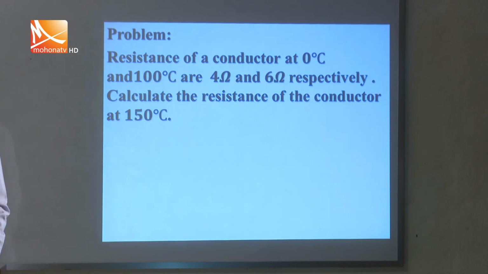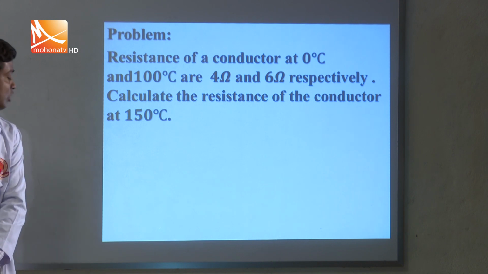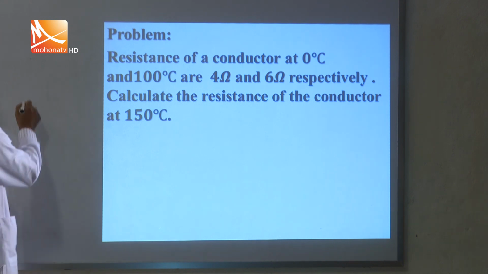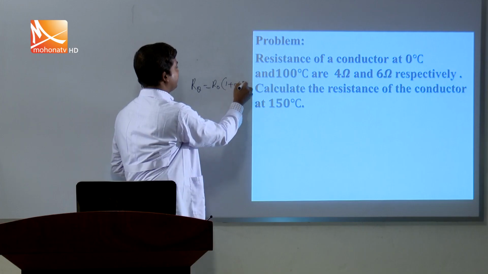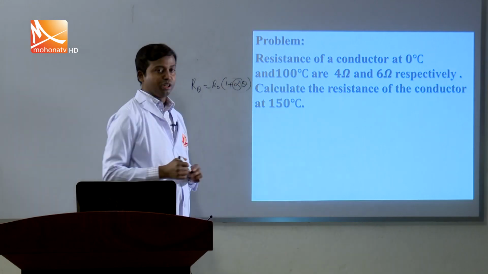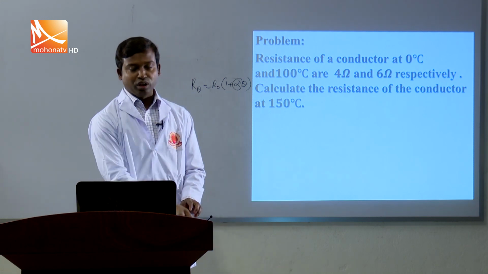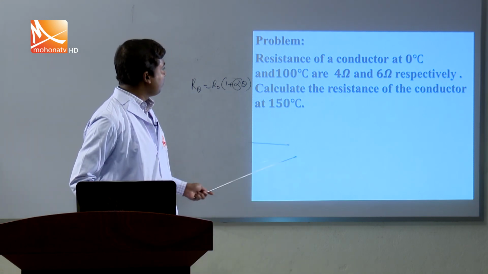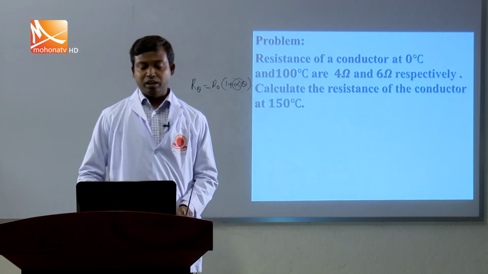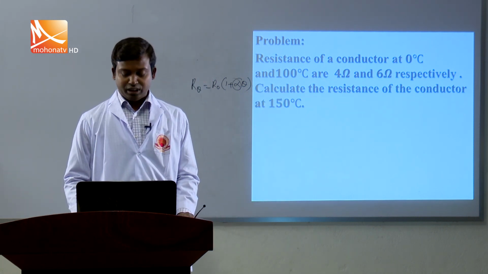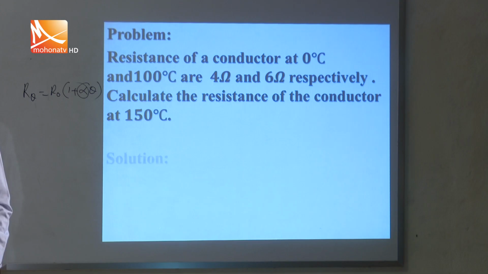But my dear students, you have learned that R theta equals R naught into 1 plus alpha theta. In this case, alpha is not given. So, you can solve by calculating alpha or by forming two equations for the two different resistances. You can solve this problem, but a simple one is for you.